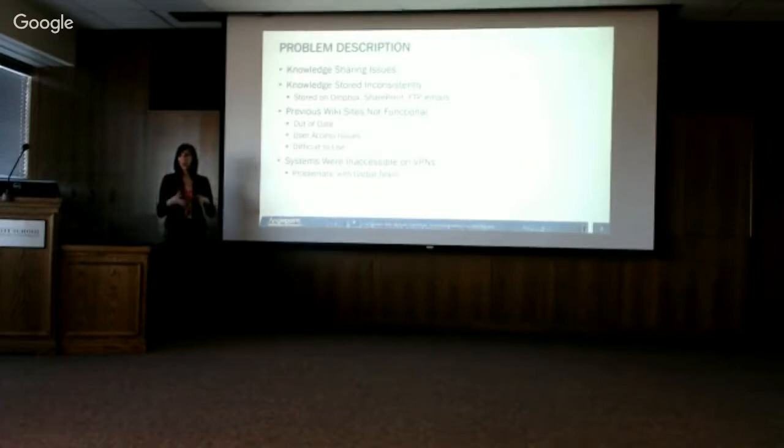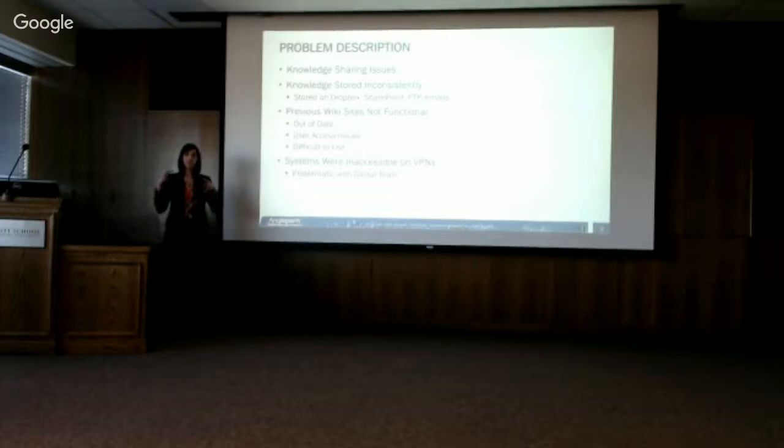When knowledge was shared, it was stored in lots of different locations, and it was really inconsistent. We had things like Dropbox, SharePoint, the FTP, emails, some were in Word documents, some were in PDFs, or text and email.